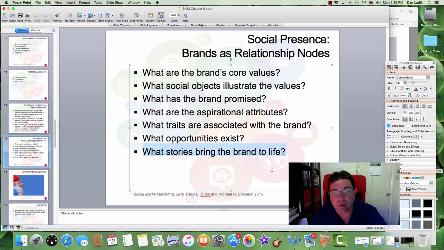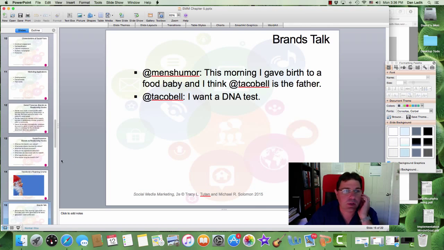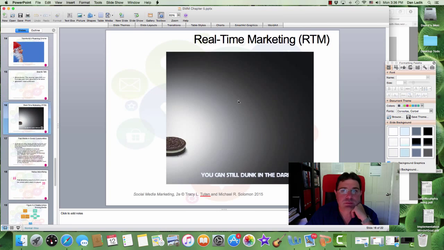For instance, we have the nonprofits that we're doing this semester in our class projects. And we can use social tools to help us tell stories to a larger audience very affordably. That's an example from the text. Another example from the text.